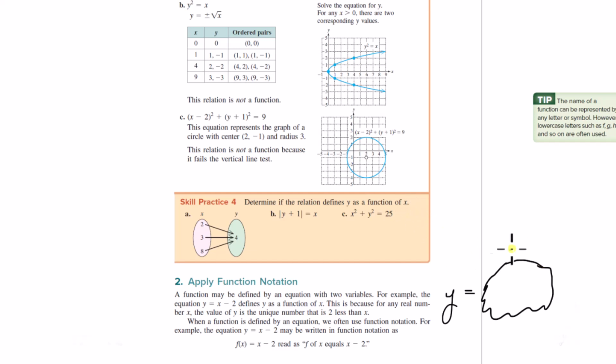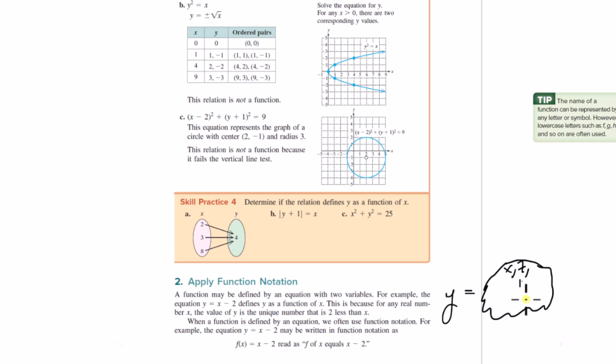You could have some expression of x, z, whatever, but there's no y over here. You have this one variable by itself, and the y variable is not on the other side. In addition, there's no pluses or minuses anywhere, like the plus or minus in the quadratic formula. If there's no pluses or minuses anywhere, then it's a function.